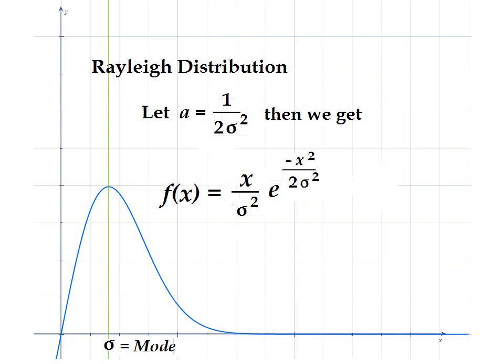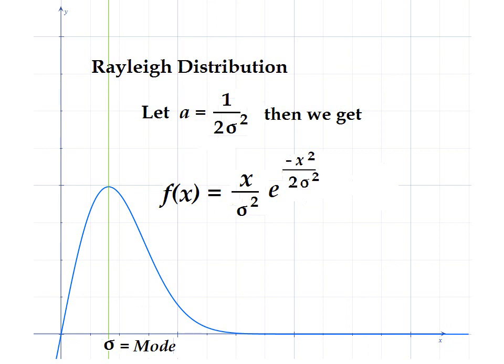When we let a, our parameter, take on the value that you see here, 1 over 2 delta squared, we get f of x equals x over delta squared times e to the negative x squared over 2 delta squared, which is the way all books show the Rayleigh distribution.